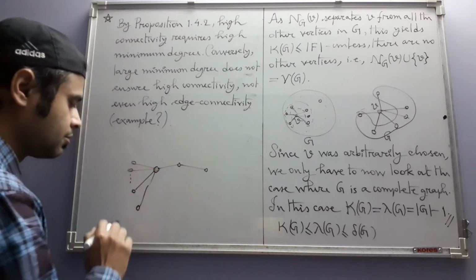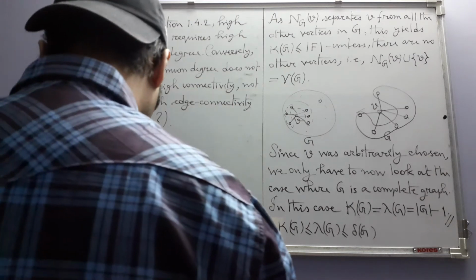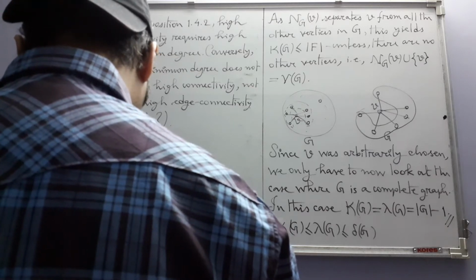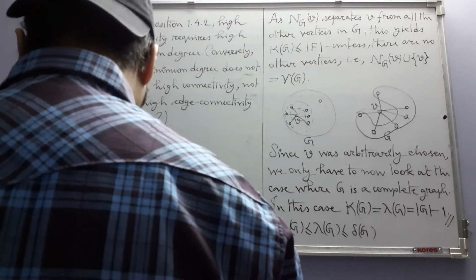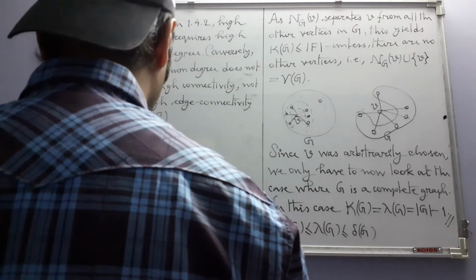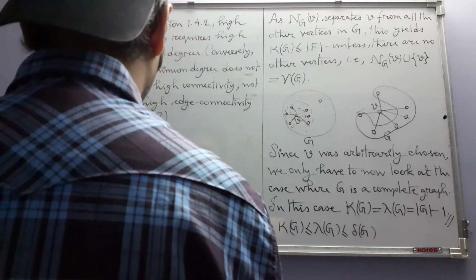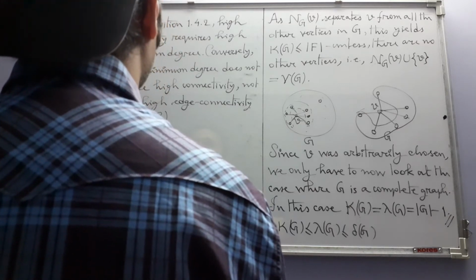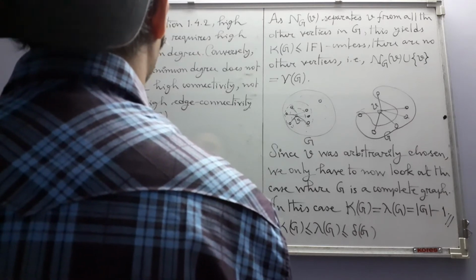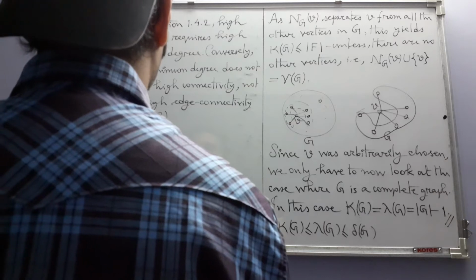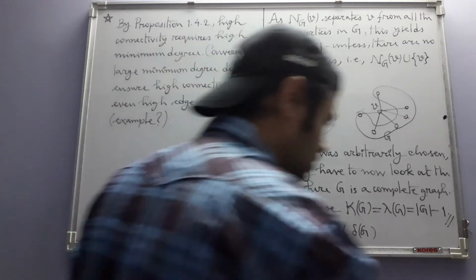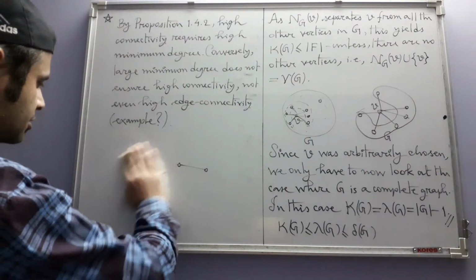This vertex has, oh no, we cannot do this, no? Because large minimum degree does not ensure high connectivity. Okay, so now this example does not work. I don't know what I was thinking about.